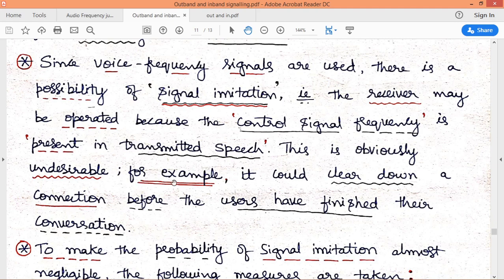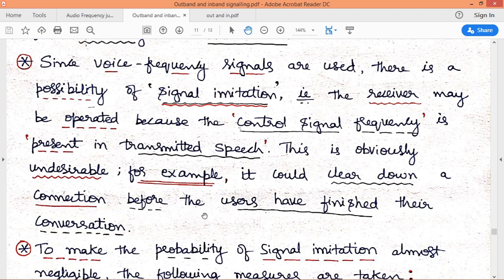Let us consider one example showing signal imitation. The receiver may clear down a connection before the users have finished their conversation. Once the receiver has received a speech signal with a frequency similar to that of the control signal, the receiver may understand this as a clear signal and close or remove the connection before the end users have finished their conversation.